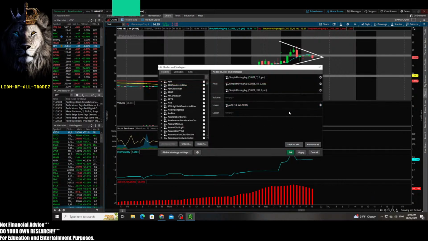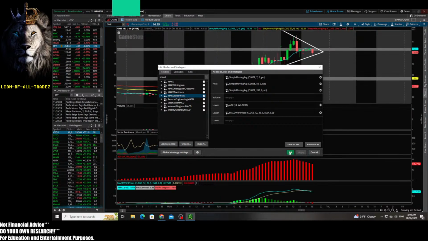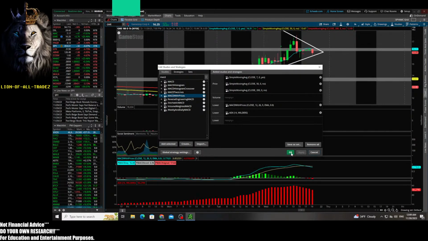So we can just move this out. Look for the MACD indicator. I'm gonna try MACD with the prices and see how that looks. And we're gonna move this down. Set it up like this.